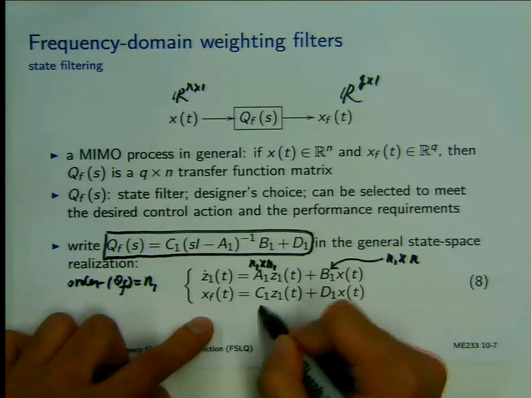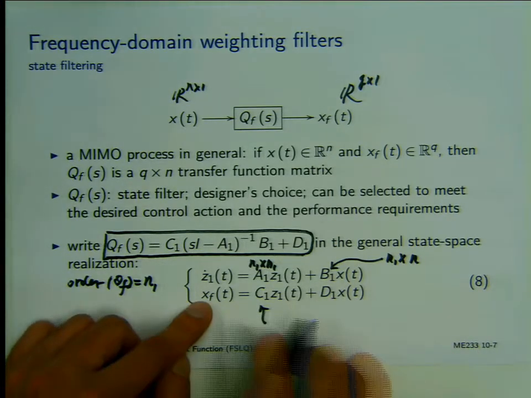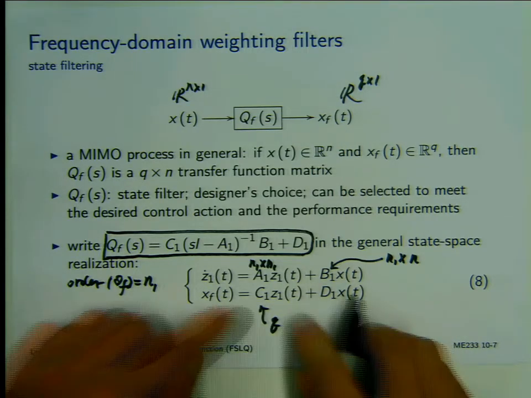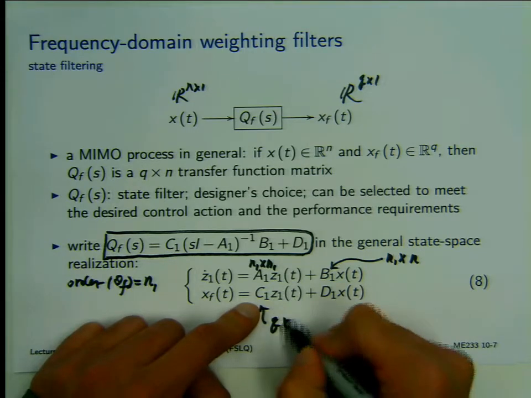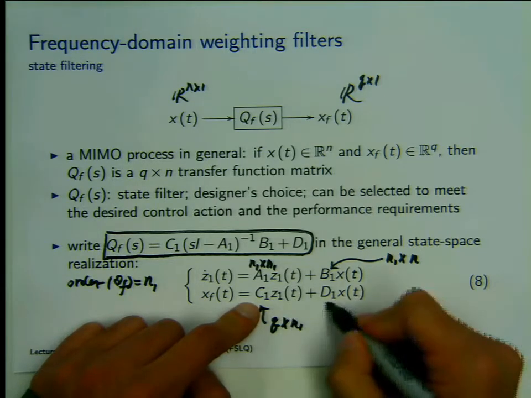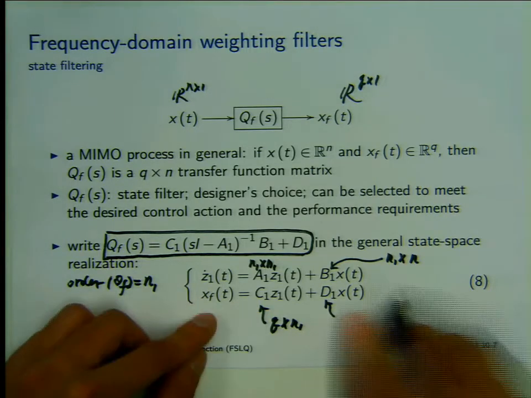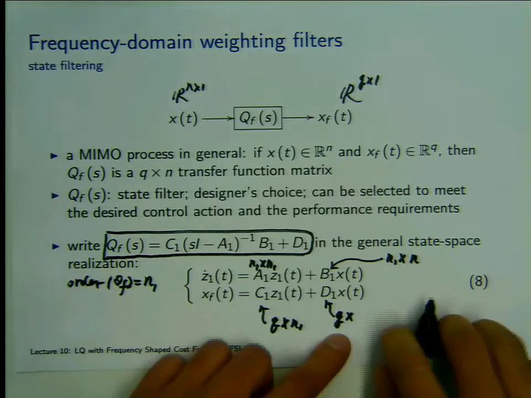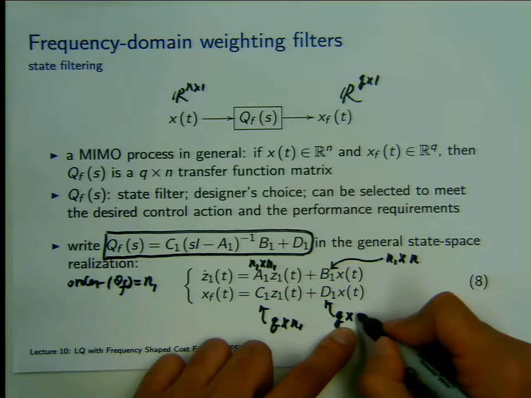What about C1? XF has q rows, so C1 should have q rows, and the columns of C1 should match the rows of A1, so it's q by N1. And finally, D1 should have the same rows as XF and the same columns as the dimension of X, so it's q by n.